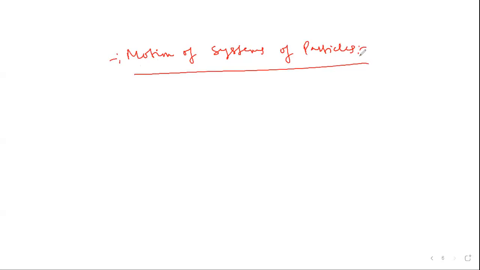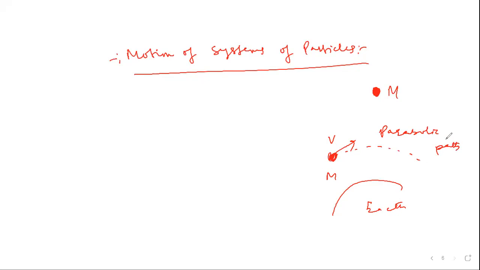If we have systems of particles, for example, if I have a single particle of some mass m, I throw it, and this will be my earth. I throw this mass with certain velocity in the gravitational field. We know it will follow a parabolic path. Right?